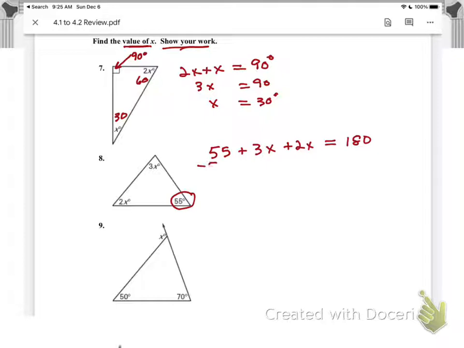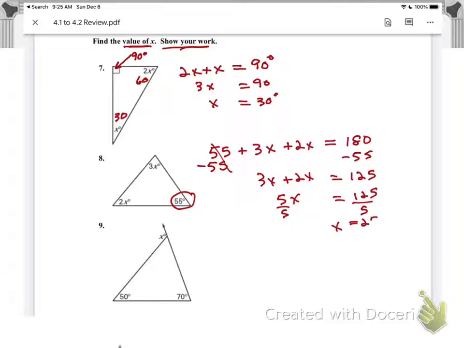So subtract 55 here, subtract 55 here. Combine like terms on the left. Isolate your x by dividing by 5. 125 divided by 5 is going to be 25.